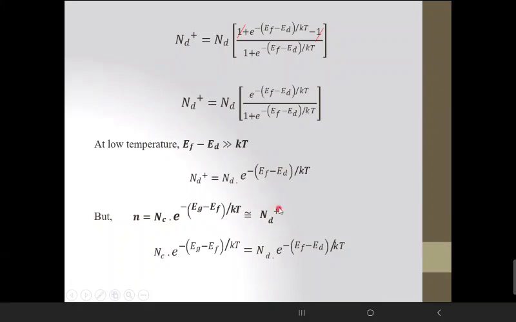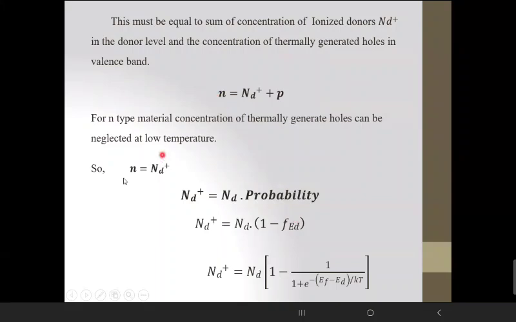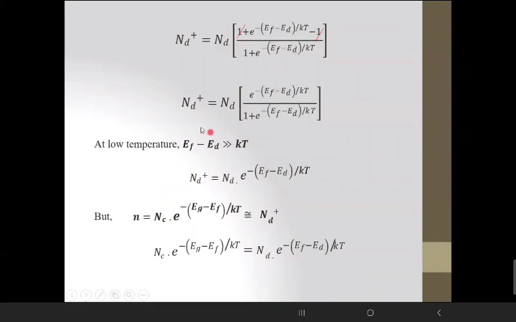This is because of the intrinsic semiconductor; for the intrinsic semiconductor, this is Nc into exponential of minus Eg minus Ef over KT, which we already derived in the previous slides. So we are going to apply this here: n is equal to Nd plus now. We found Nd plus and we know n, the number of electrons, so we are equating these two.